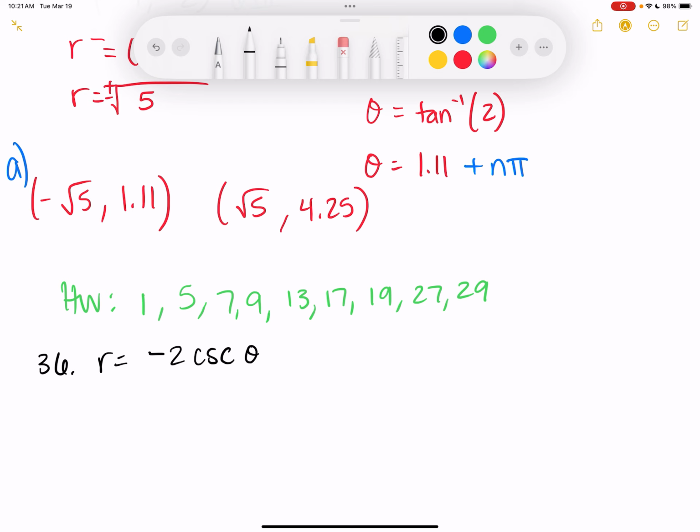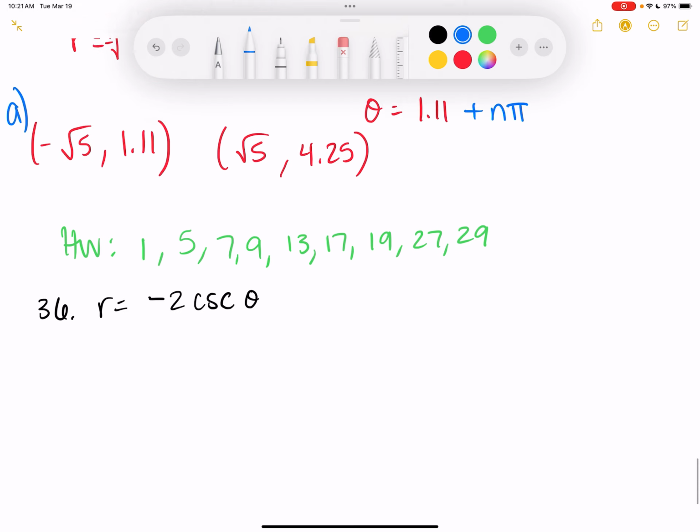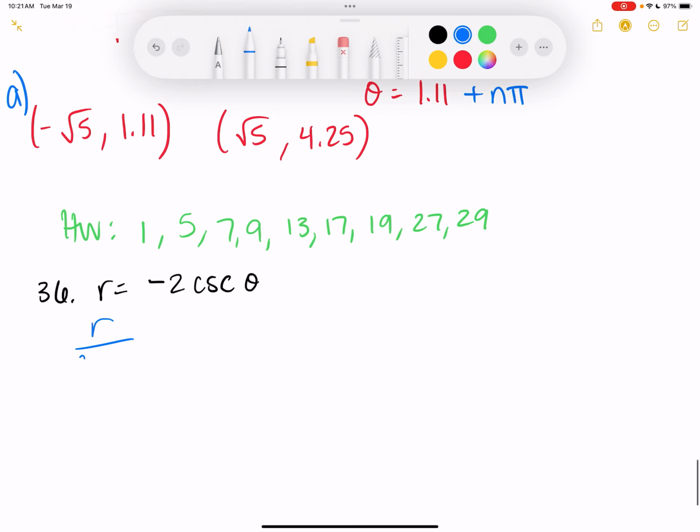So with these, we need to try to convert this into something that we know in rectangular. So I'm going to try to get rid of the trig function on the right side. I'm going to move it over to the left by dividing. So I'm going to end up with r divided by cosecant of theta is equal to -2. Now, what's another way I can write 1 over the cosecant of theta?